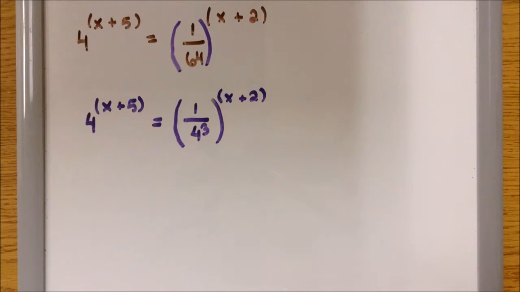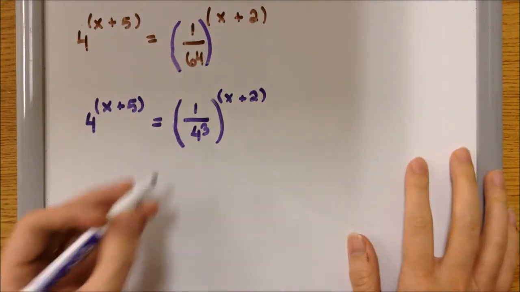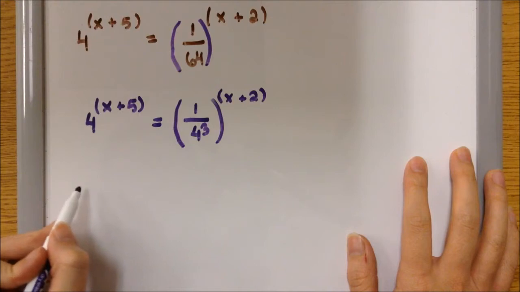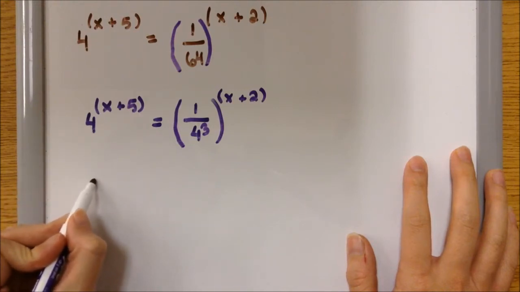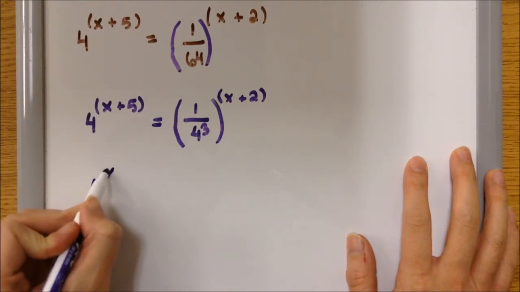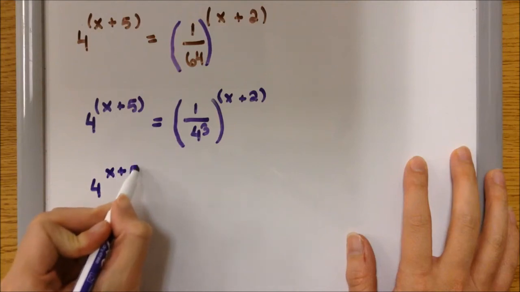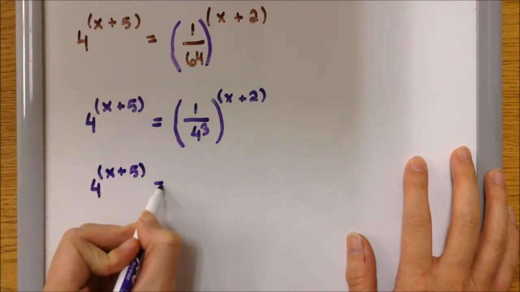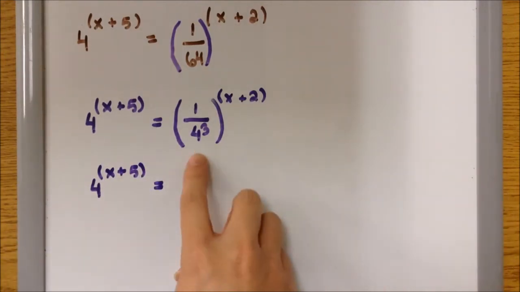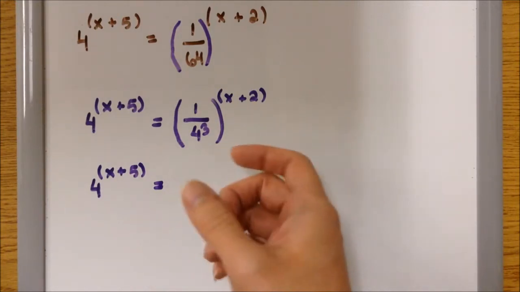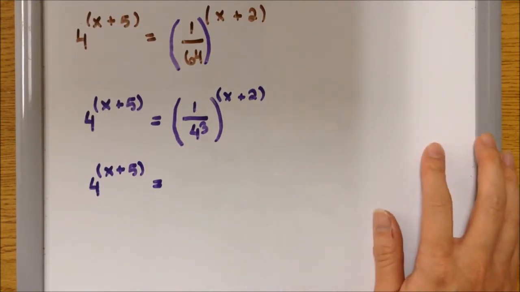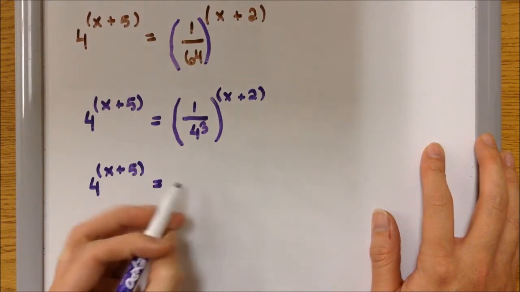Now, again, to go from a fraction to a whole base, when there's an exponent, all we have to do is convert it to a negative exponent. So, again, the left side stays the same. I'm not doing anything to change the left side. But the right side, if we want to go from fraction to a whole base, we just change the exponent to negative.